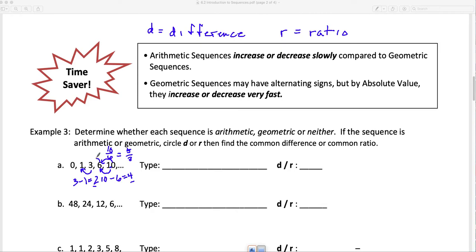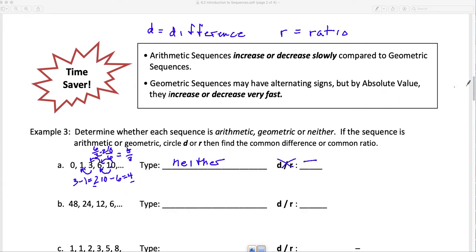And here I've got 6 divided by 3, and that's a 2. All right, so both tests failed. It failed being arithmetic. It failed being geometric. So in this case, this one is going to be neither. I don't have a common difference or ratio, and there's nothing to go there.